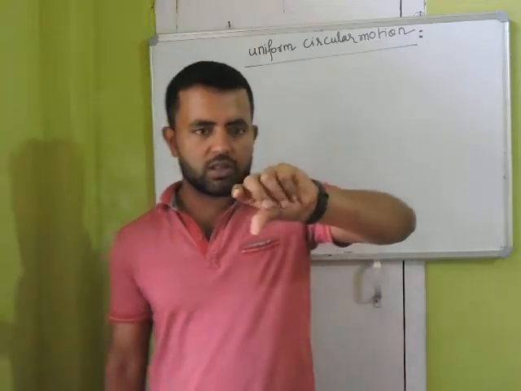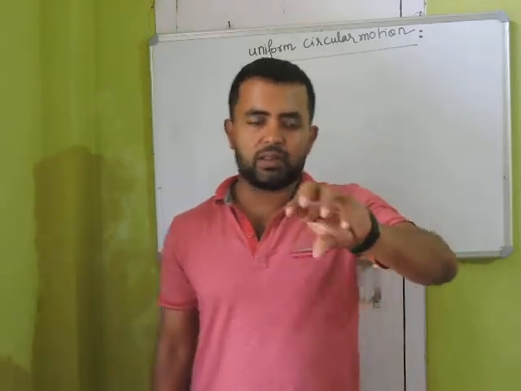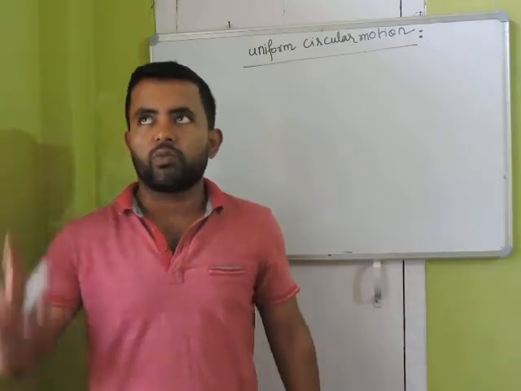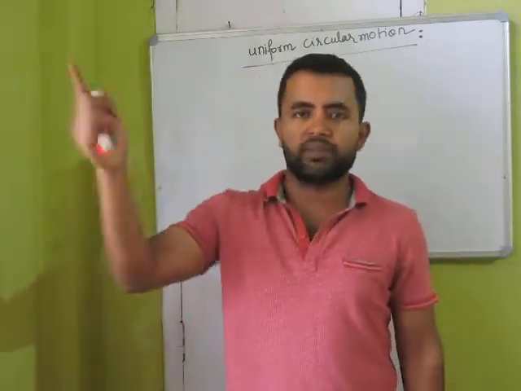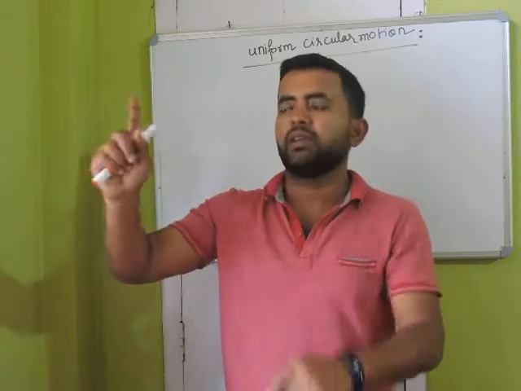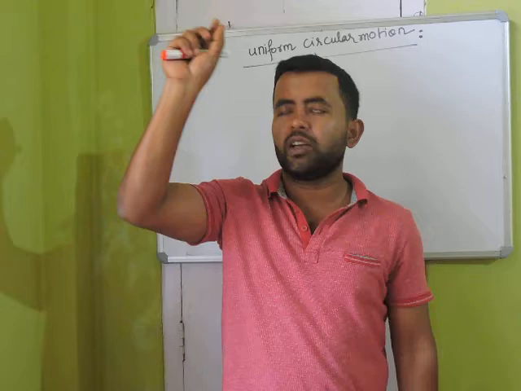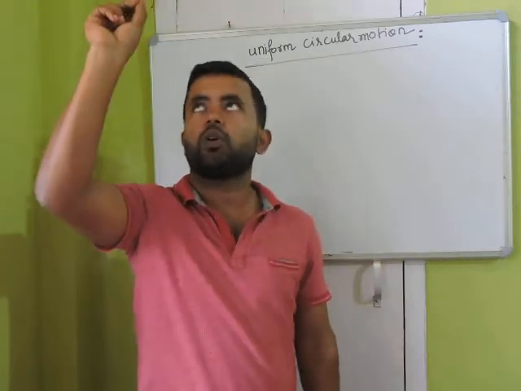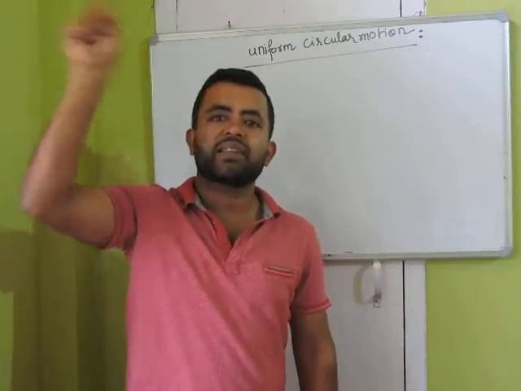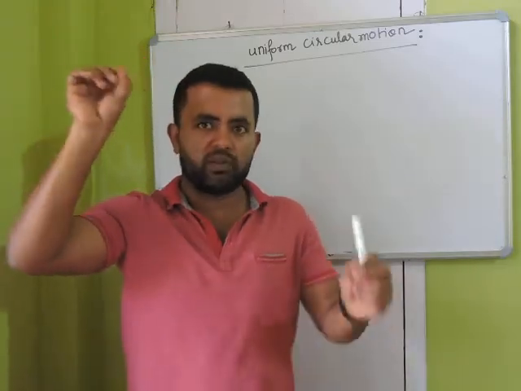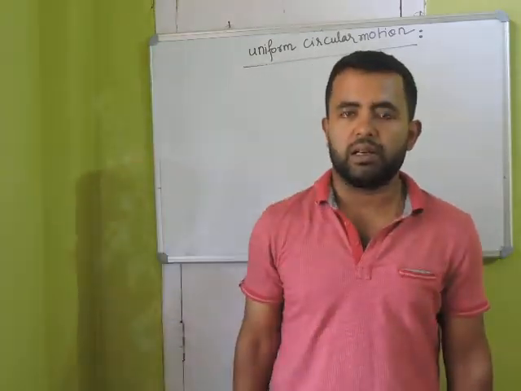If you are not changing the regulator, suppose you have fixed it at 5, so finally it will attain a full speed, and if you put a small dot on the fan blade, it will describe a circular path. Each point of the blade will describe a circle.